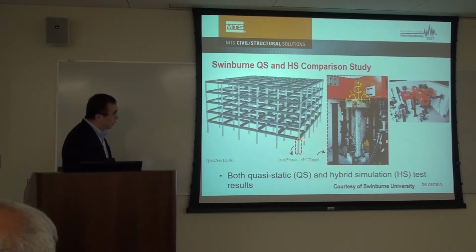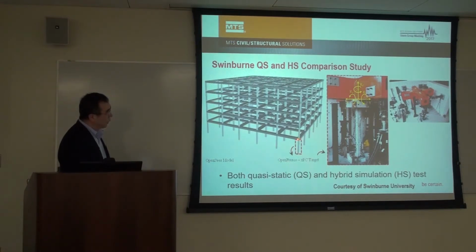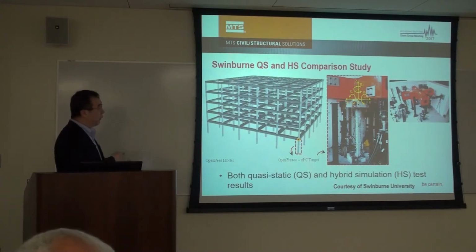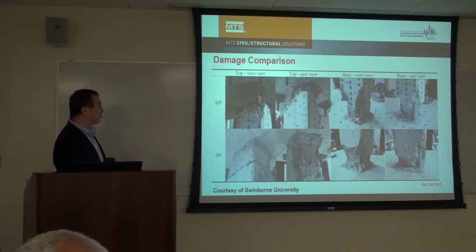The interface point is here, and during the hybrid simulation, the numerical part tells the physical part the boundary condition, the displacement. In the lab, the loading system realizes this displacement at this point, then measures the force and feeds the force back to the numerical substructure, and then calculates the next step. So a very, very good hybrid test.